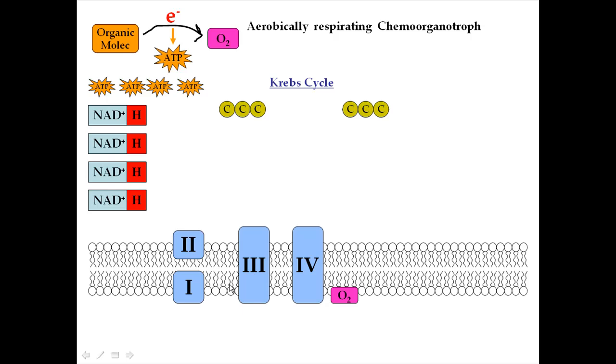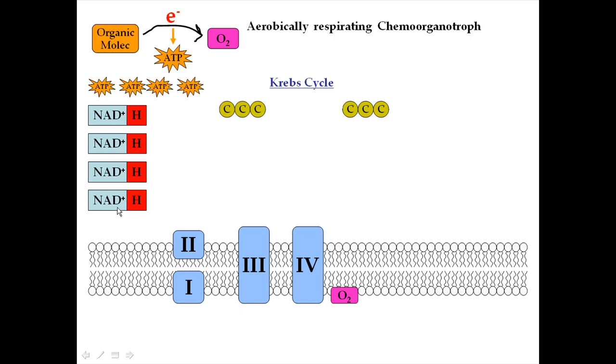In a eukaryotic cell, this electron transport chain is located within the membrane of the mitochondrion. But we're going to end up focusing on bacteria, prokaryotic cells. In prokaryotic cells, the electron transport chain is found just within the plasma membrane, because remember, bacteria don't have mitochondria. Prokaryotes don't have huge organelles.